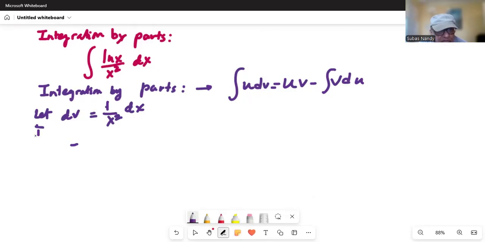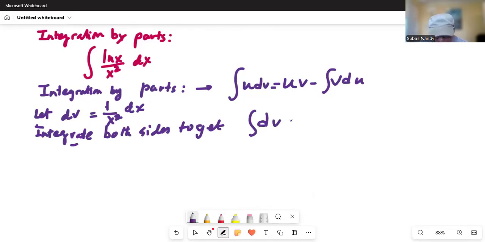Integrating both sides, integration of dv is equal to integration of 1 over x squared dx. And integration of dv is of course v.